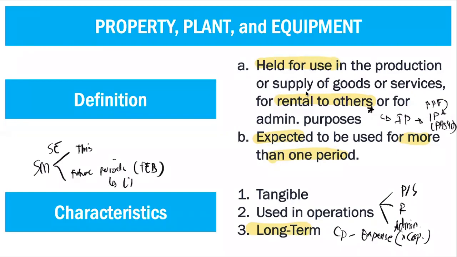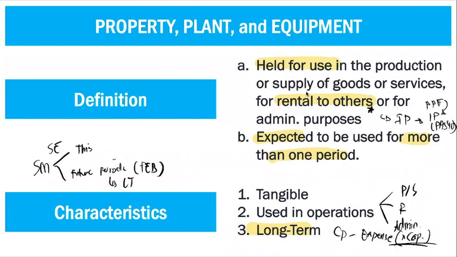And therefore, we have here a long-term benefit, then we can capitalize it. But when we say long-term, normally, this pertains to the life and also the economic benefit. When we say economic benefit, how long can we make use of the property? What are the possible benefits that we can make use out of the property or we can get out of the property? So main characteristics now, tangible, use in operations, and long-term.